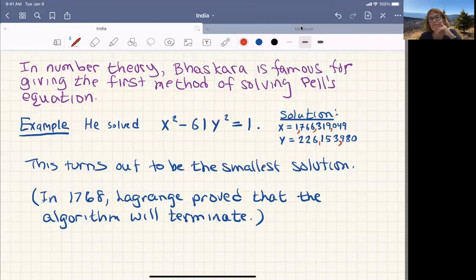Now, if you think about it, this is really crazy because he did this without calculators. And it turns out that this is actually the smallest solution to this equation. So that's interesting. Much later, in 1768, Lagrange, a later French mathematician, proved that this algorithm that Bhaskara came up with would actually terminate.